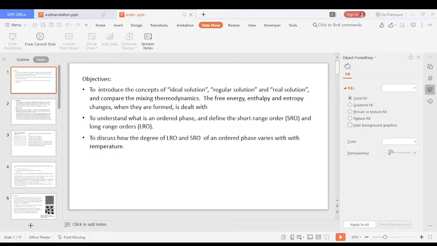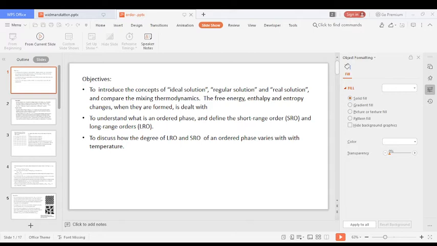Now in this particular instance, this schematic picture shows unit cells of a completely random solid solution, shown in A. In this situation, the probability of occupancy of any given lattice site is equal to the mole fraction of that particular atom.